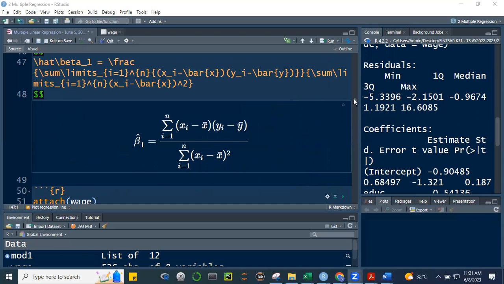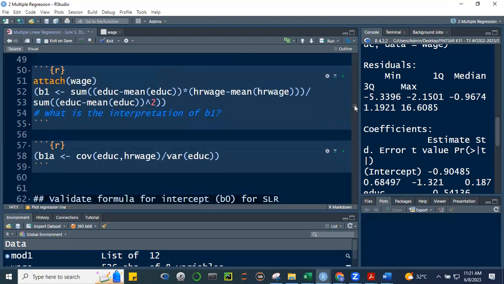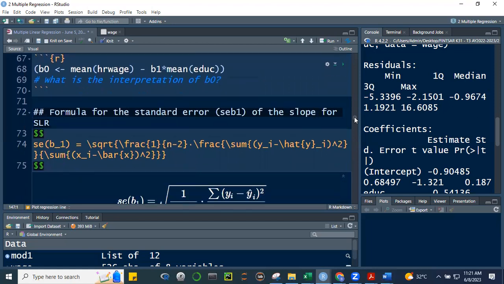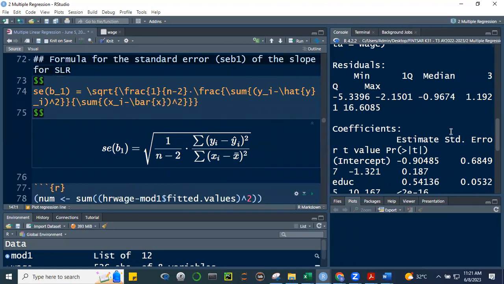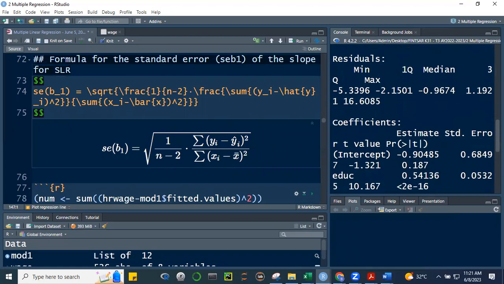And then we computed also for the intercept. We were able to show that indeed this is negative 0.9. We learned how to interpret that, and then we also learned how to compute for the standard error, which is this one.